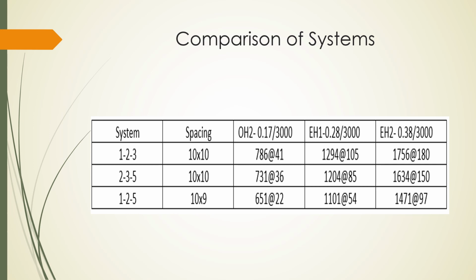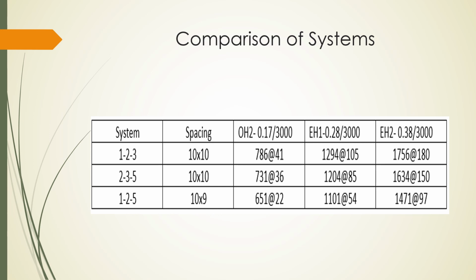So let's take a look at the gallon per minute requirement and the pressure within that 3,000 square foot design area. We're going to go over design area when we start to cover hydraulically calculated systems. For the 1-2-3 system, within that 3,000 square foot area, we need 786 GPM at 41. You can see with the larger piping of the 2-3-5 system, we're down to 731 at 36.